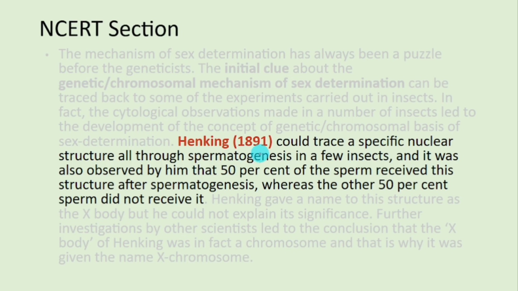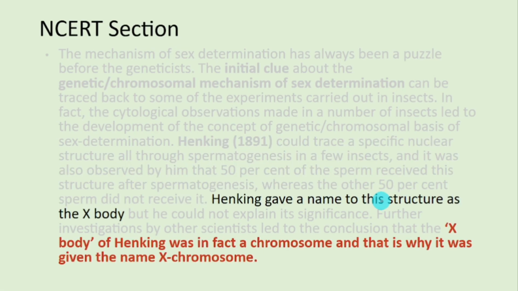He was working on spermatogenesis in a few insects, and what he observed was 50% of the sperm received a special structure which is X shaped. He called it the X body, and the remaining sperms did not receive this particular structure.